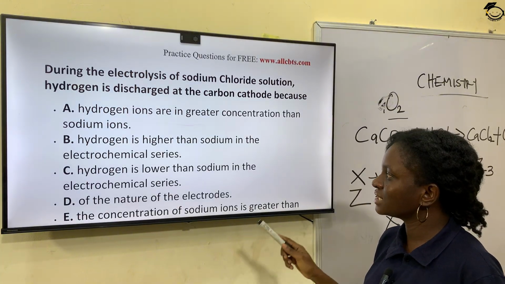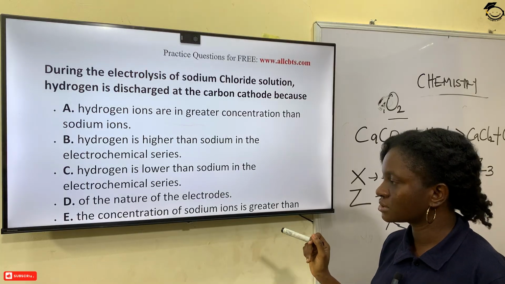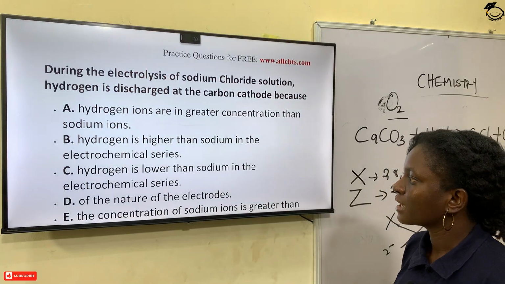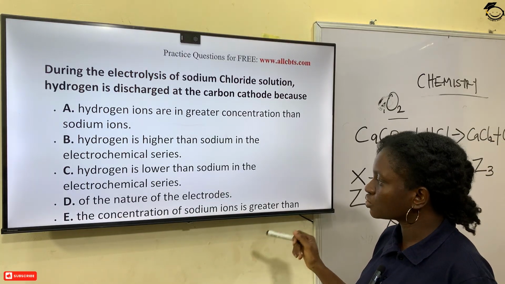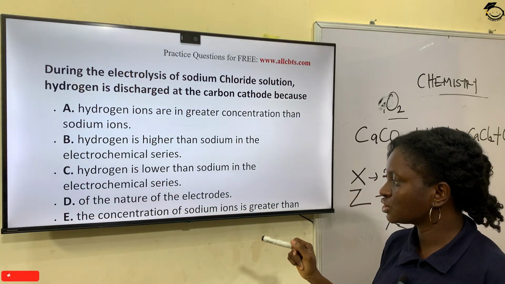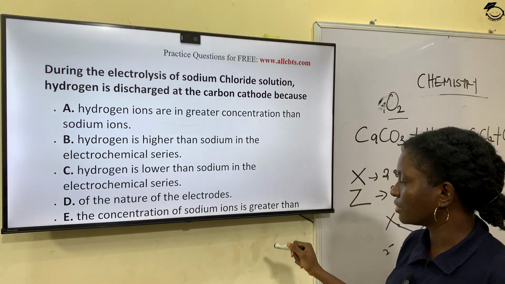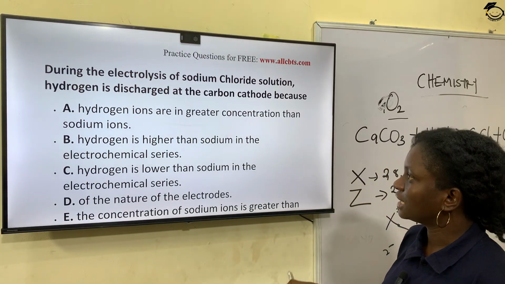B, hydrogen is higher than sodium in the electrochemical series. C, hydrogen is lower than sodium in the electrochemical series. D, of the nature of the electrodes. E, the concentration of sodium ions is greater than hydrogen.